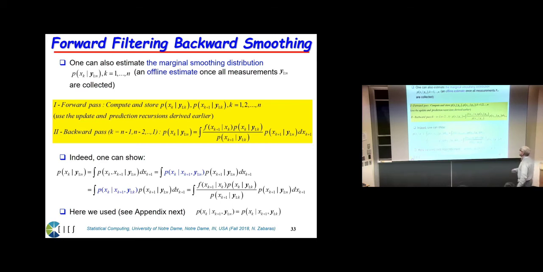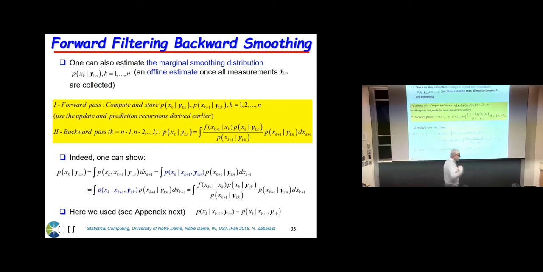So basically at each time, having all the data, all the observations, what's the state x_n? Now let me define a new very important distribution called smoothing, because it's going to be more smooth when you compute it, where you compute the marginal of x_k given all the data before k and after k. This is the marginal of x_k given all the data up to time n. Obviously you cannot do this online.